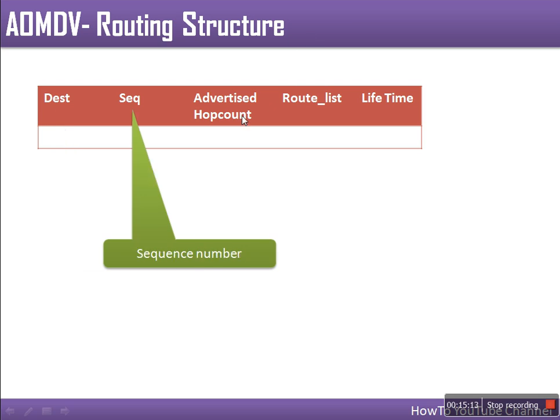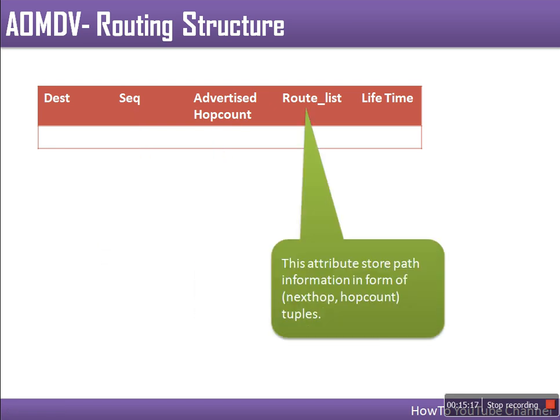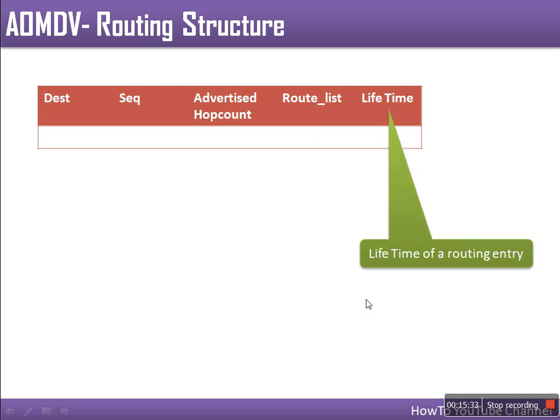Sequence number is the same, it specifies how fresh the information is. Route list: instead of next hop, which is used in the AODV routing protocol, here a route list is used, and this list stores tuples of next hop, the hop count for that hop, and lifetime.